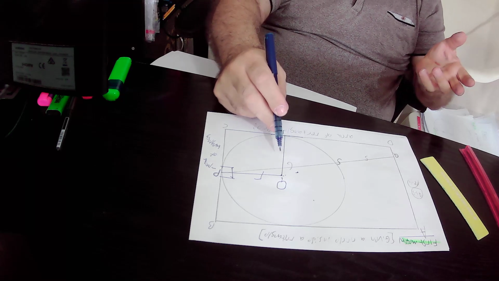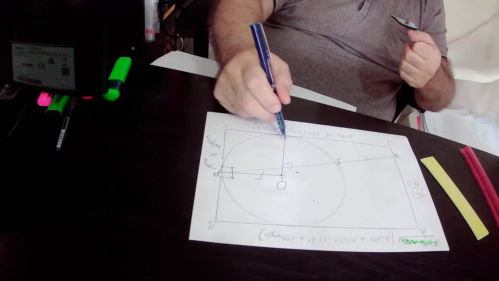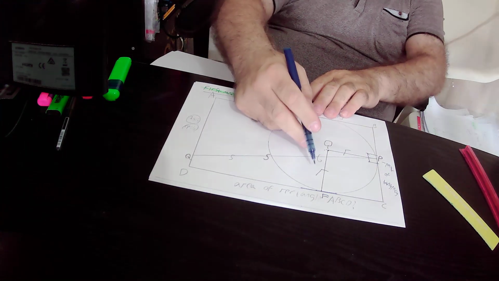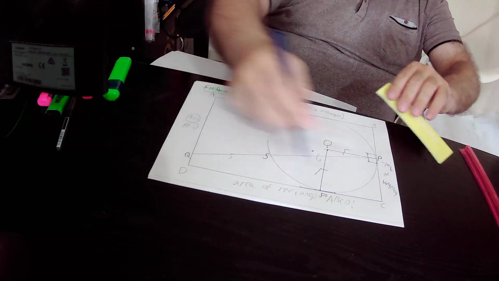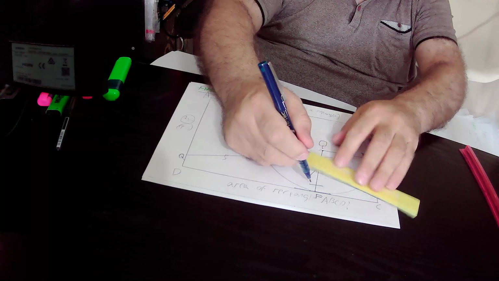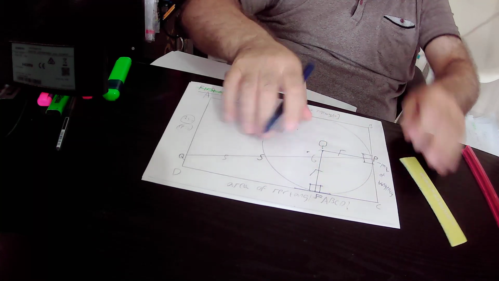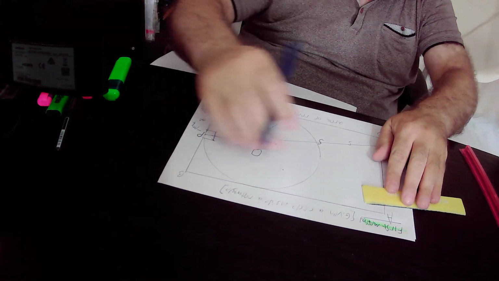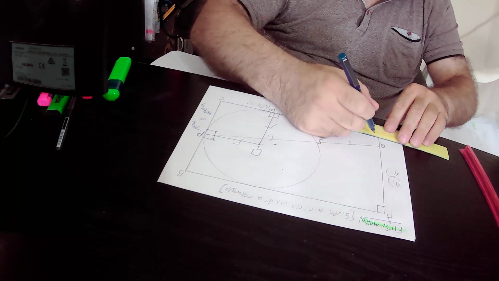Point O is the center of the circle. Point F is a point of the circle itself, therefore OF is the radius of the circle, that is R. We have the radius OF that is drawn to point F, the point of tangency of tangent DC with this circle. Therefore, according to rule number 1, this angle equals 90 degrees, and this angle also equals 90 degrees. We know that all the angles inside the rectangle are right angles, so this angle equals 90 degrees. This angle also equals 90 degrees.